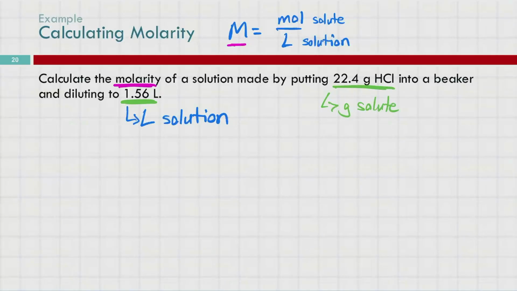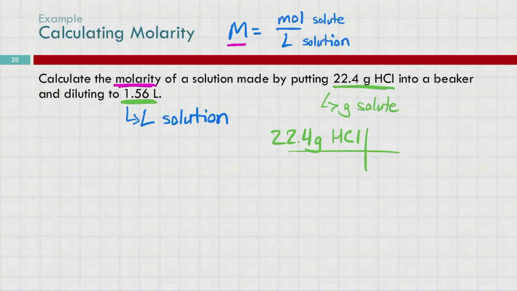Our solute is HCl. How do we get from grams to moles? Molar mass. So we're going to take 22.4 grams HCl and divide it by the molar mass of HCl.